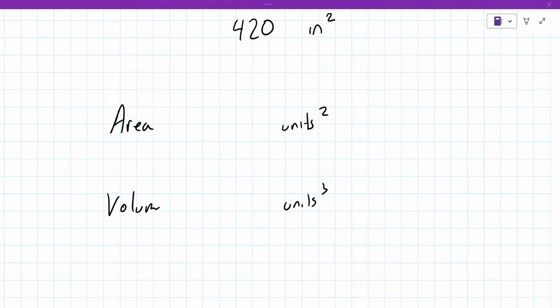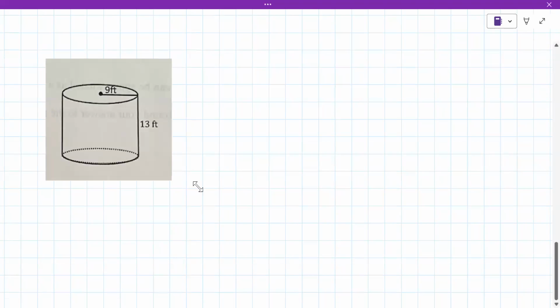I did area a long time back, so I know what it is. I'm not being critical of you. I just want you to figure out a way to remember this, because I'm going to keep asking you and you keep telling me the wrong one.